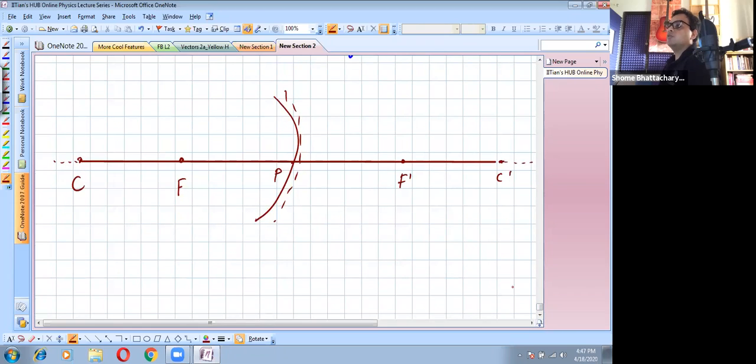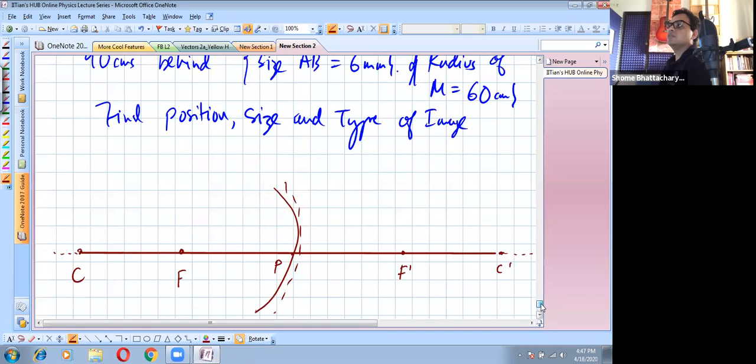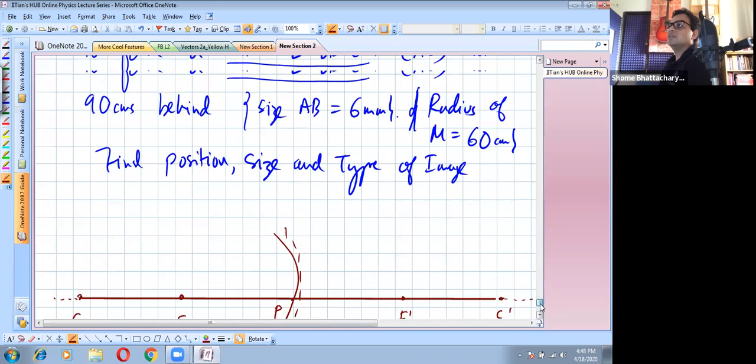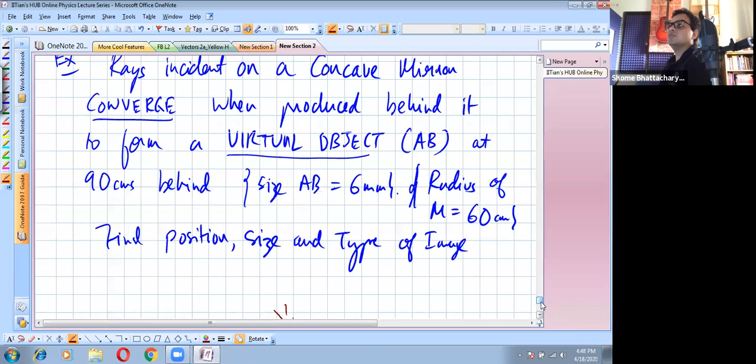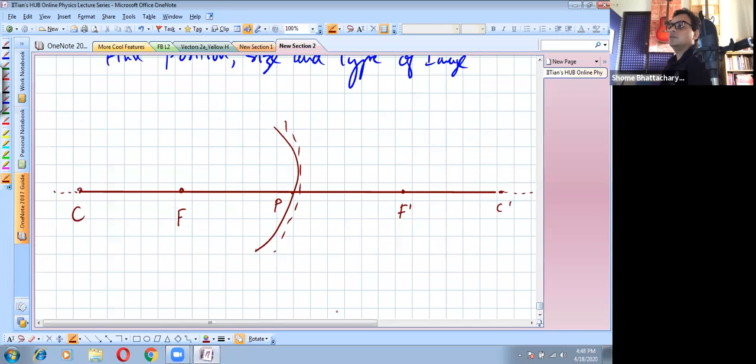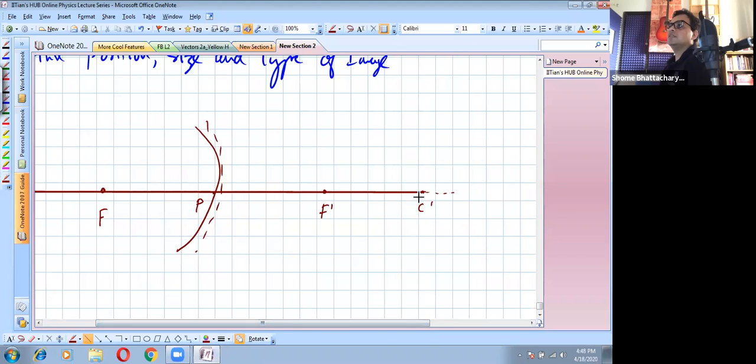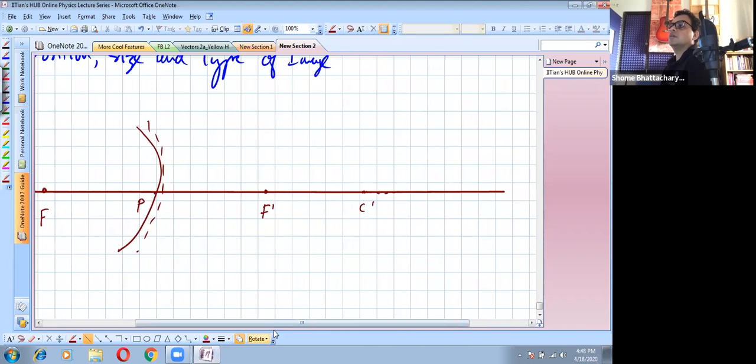Okay. Now, what was the radius of curvature? It was 60 centimeters, whereas the object's distance was how much? It was 90 centimeters. Okay. So I will just have to extend this line a little bit. Okay.